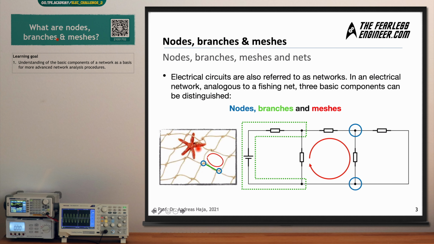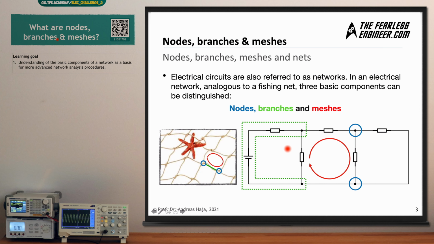This is a fisherman's net, and you can also see this depiction of a mesh in this fisherman's net. So that's basically one of the sources where the terminology for describing networks comes from. We have an electrical network, a circuit here on the right.